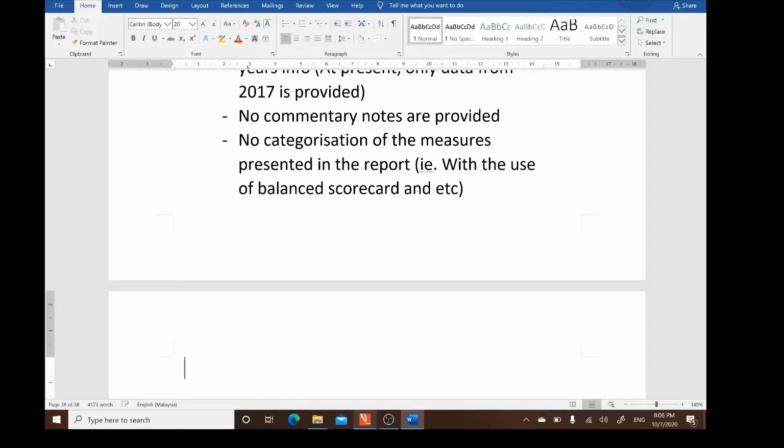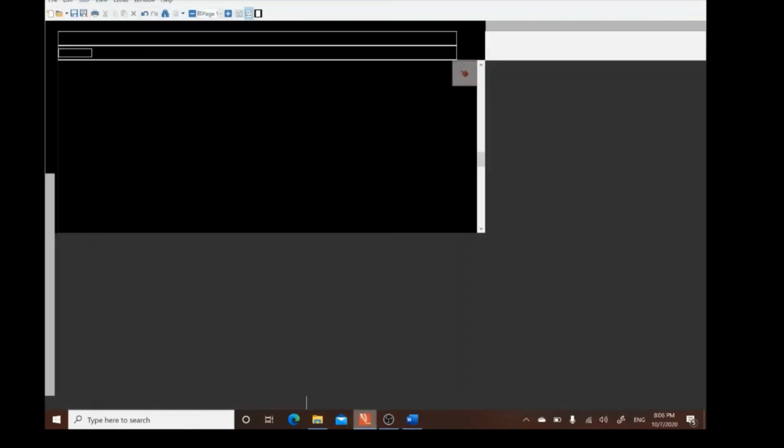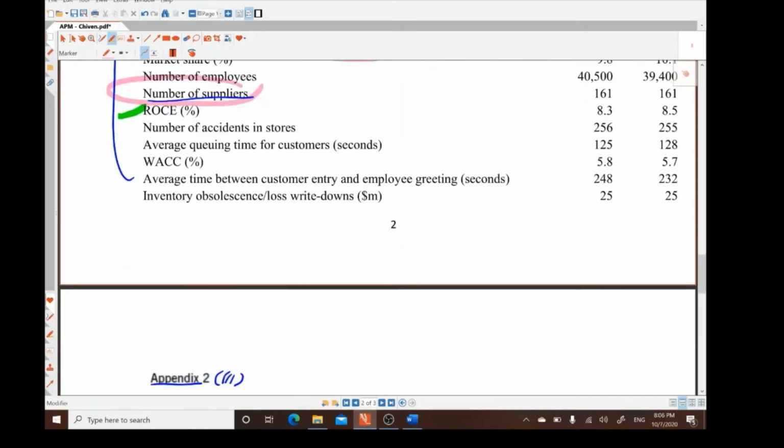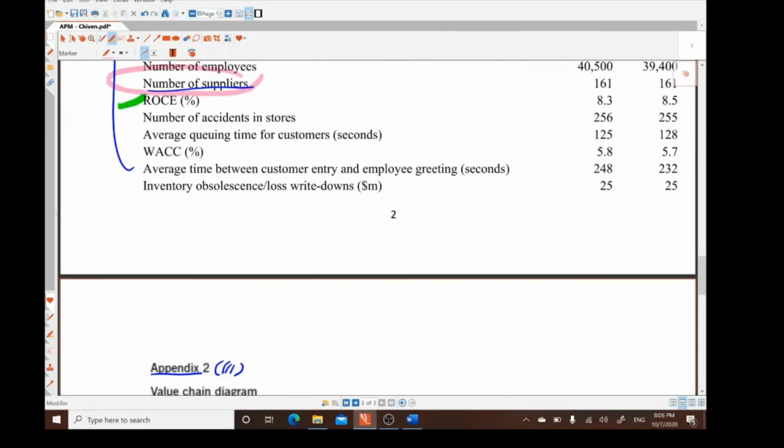Moving on, one more point that I have to state is that such a report contains areas on operational issues. When we talk about the annual report, it is strategic in nature, and we are not supposed to cover all these, for example the average time between the customer's entry and the employee's greeting time.